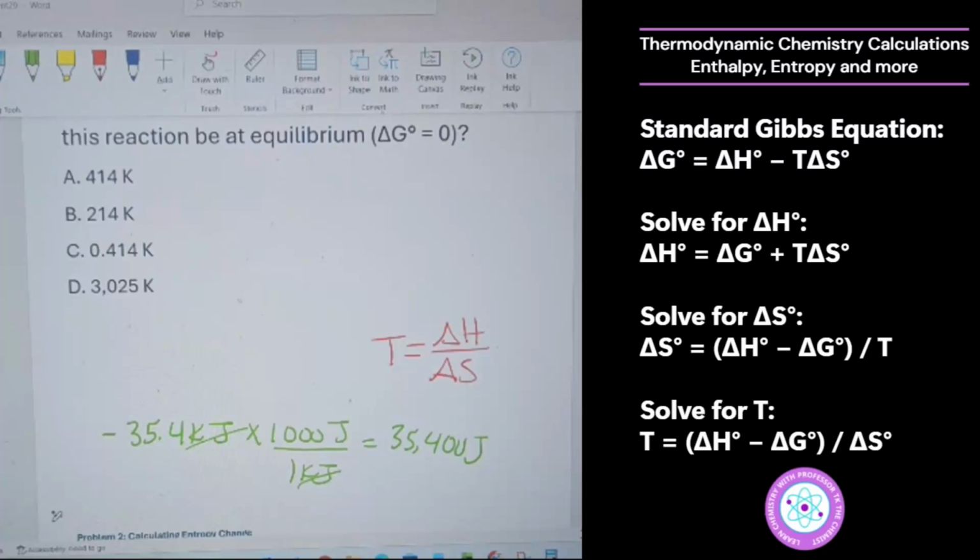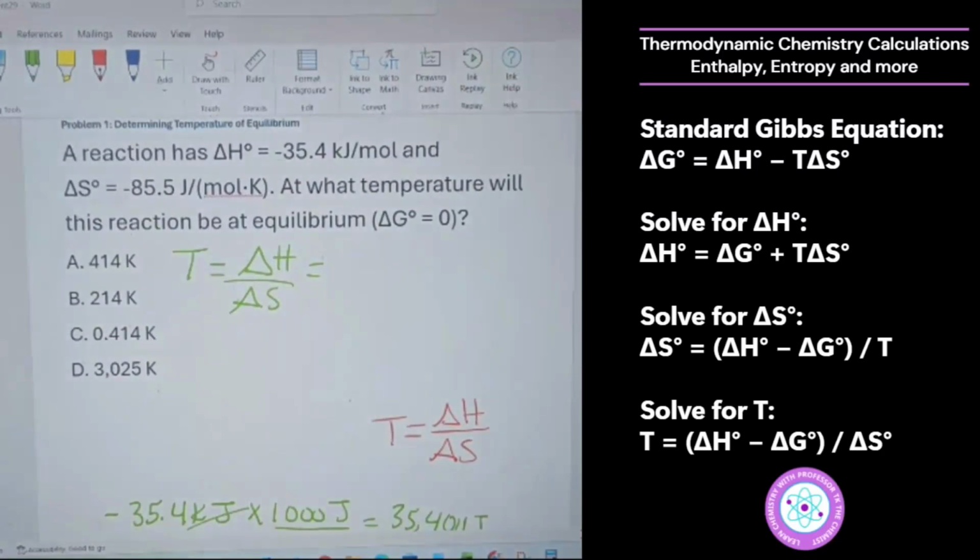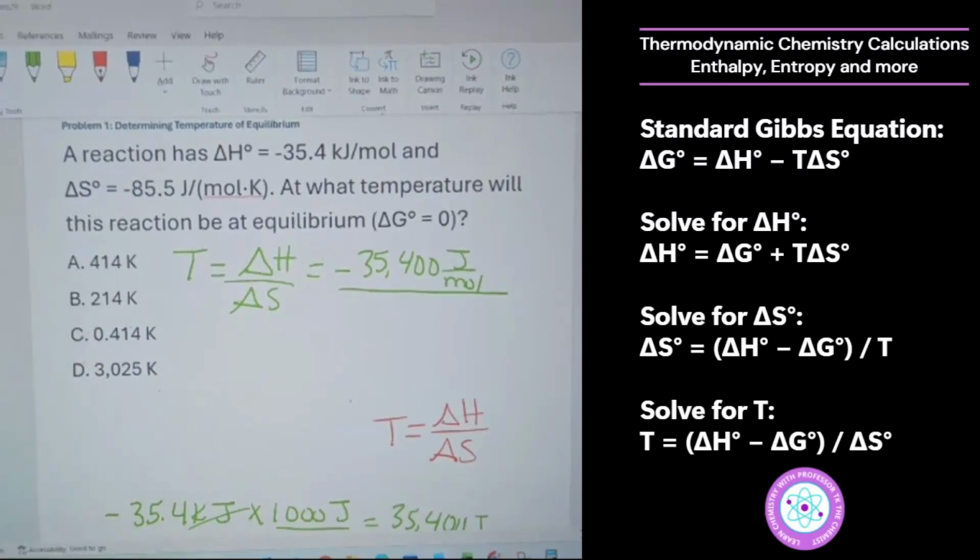T for the temperature is equal to the delta H divided by delta S. Our delta H up here was the negative 35.4 kilojoules, but remember, we just converted it, so that's negative 35,400 joules per mole divided by negative 85.5 joules per mole dot Kelvin.